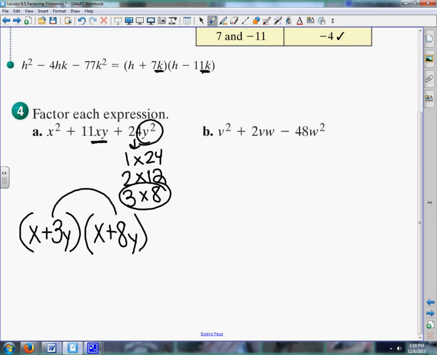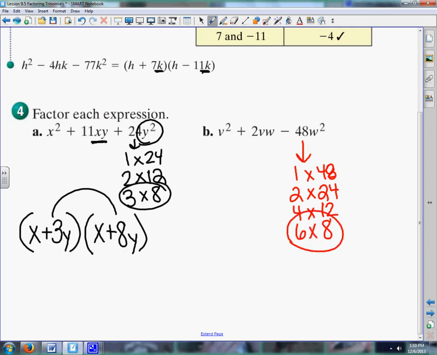Okay, so if I look at this, I know that one of my factors has to be positive and one has to be negative because the 48 is negative. So I have 1 times 48, 2 times 24, 4 times 12, and 6 times 8.